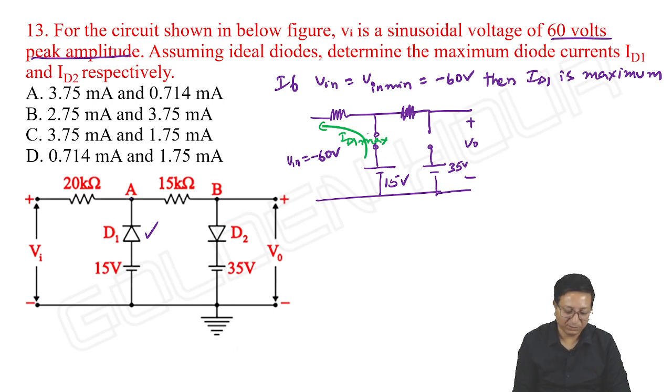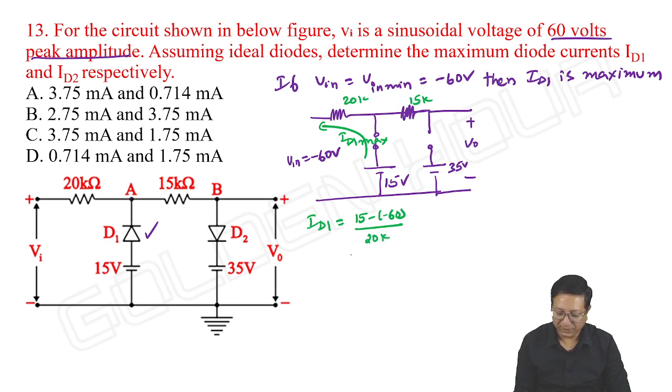Now current is possible here through 15K. It is 20K and this is 15K. What about ID1? It is 15 minus of minus 60 by 20K.